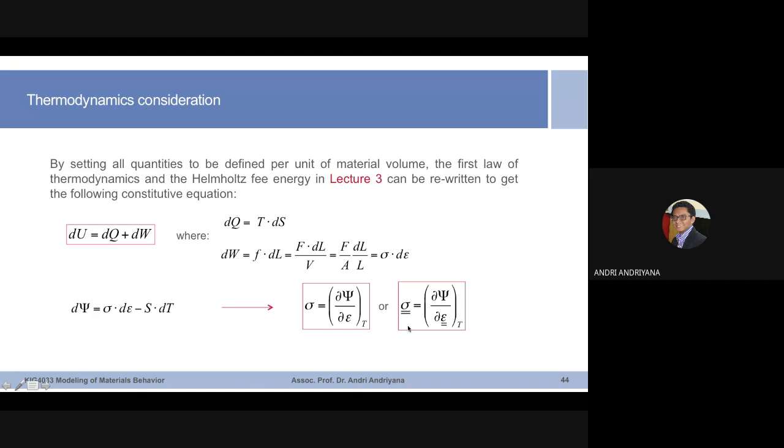Or if it is 3D, then the stress tensor can be obtained by differentiating the free energy with respect to the strain tensor. This gives us an indication that if I want to develop a mathematical equation to describe the stress response of materials, I just need to specify the mathematical expression of the free energy. After that, I differentiate with respect to strain, and I get the expression of the stress. As simple as that. This is how thermodynamics gives us a guideline.